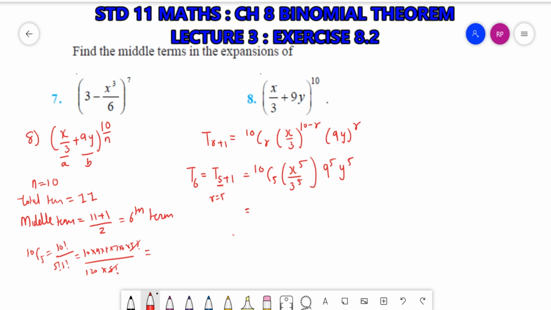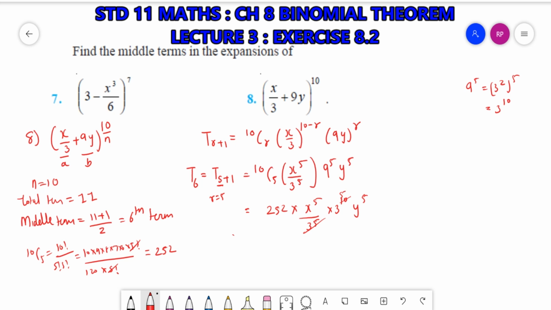So this will be equal to 252. So 252 into x raised to 5 upon 3 raised to 5. Now 9 raised to 5, I can write as 3 square raised to 5. So it will be 3 raised to 10, into y raised to 5. So 3 raised to 5 gets cancelled. It will be 3 raised to 5.